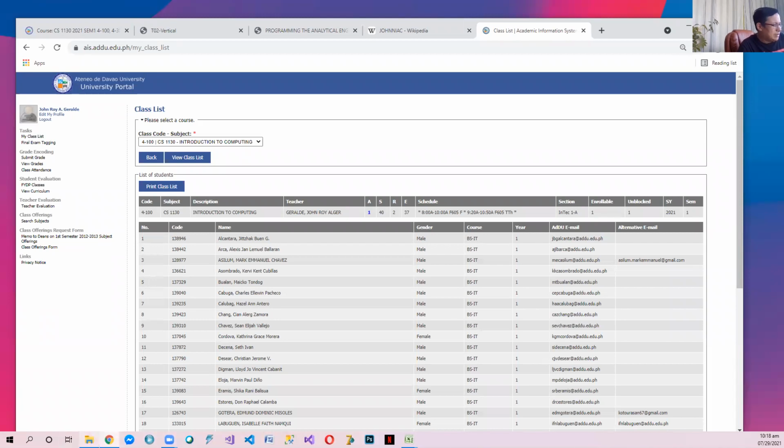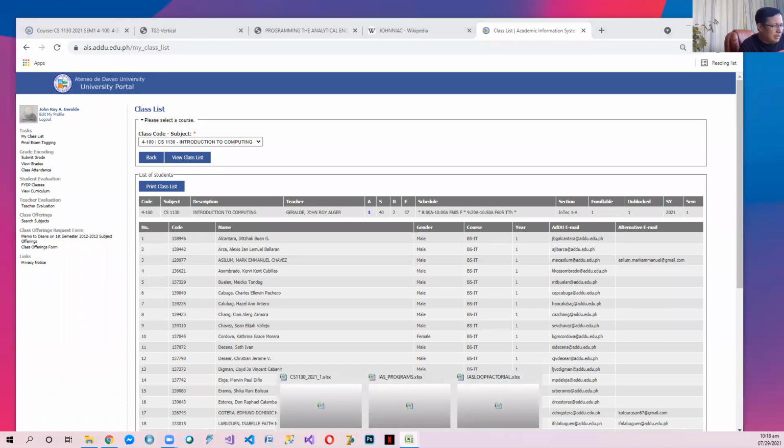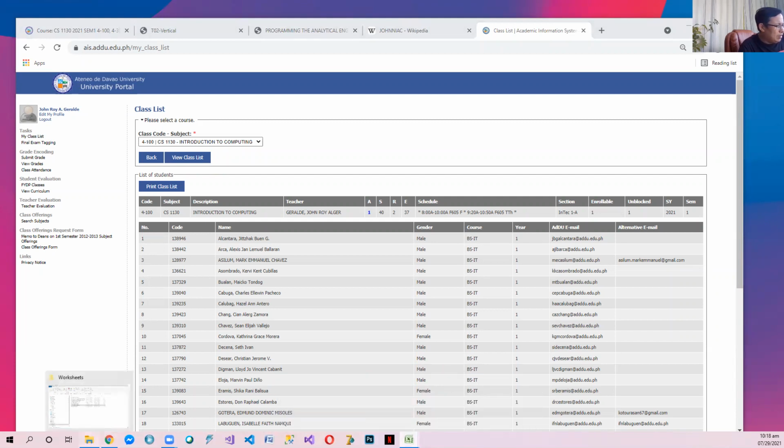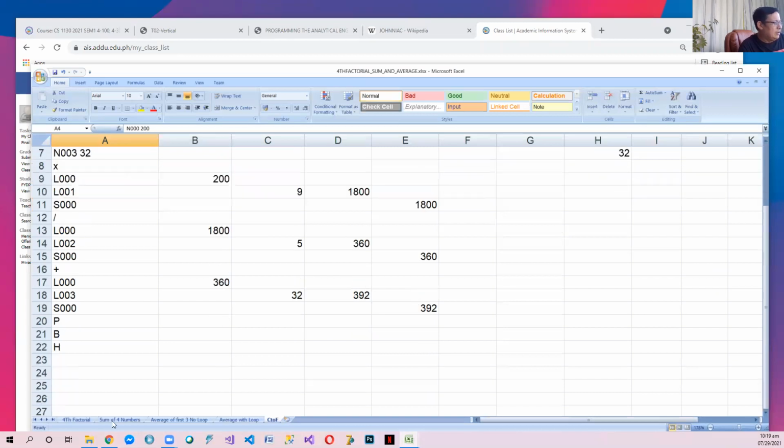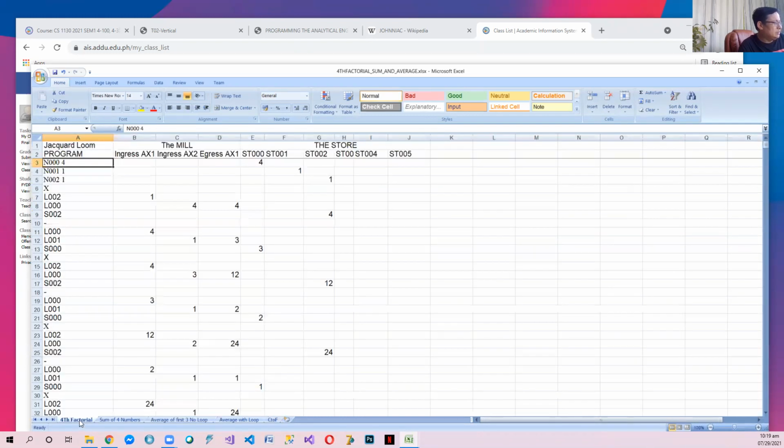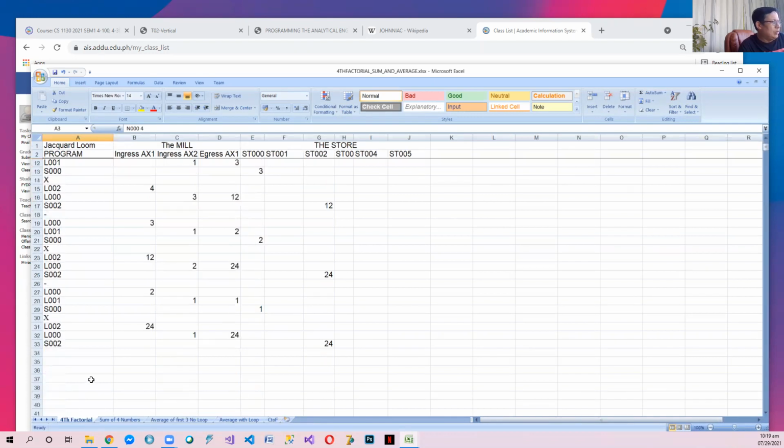Let's open our Excel, and let me open our fourth factorial. We can copy this. This is the fourth factorial, without loop.